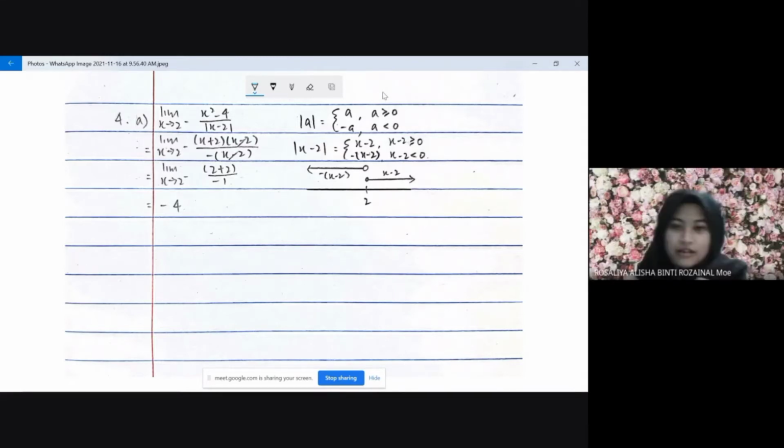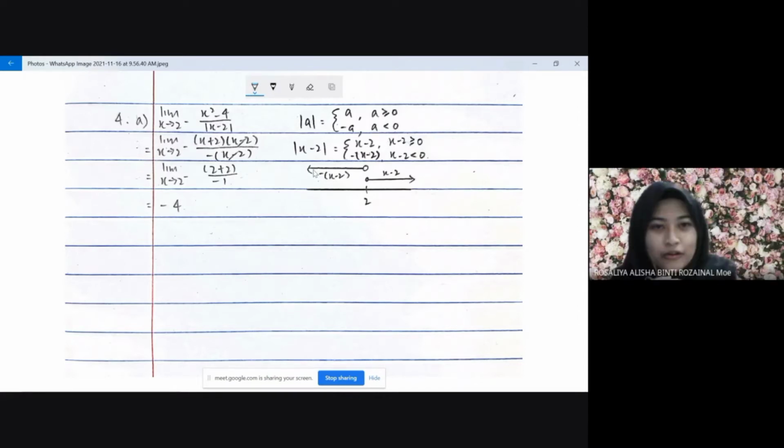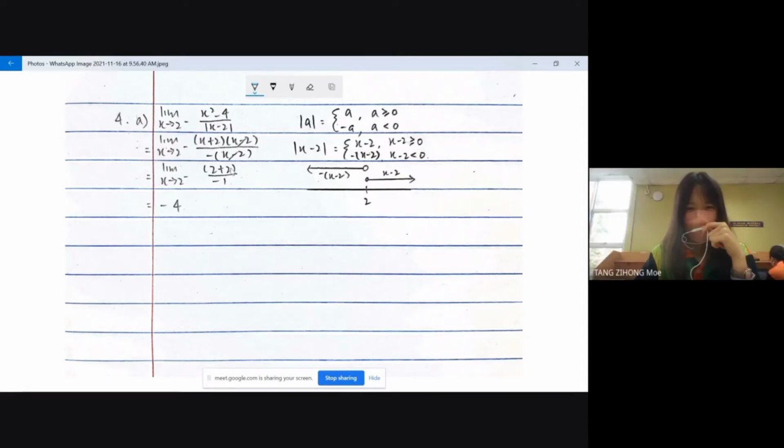I want to ask, why, instead of x minus 2 with x minus 2 bigger or equal to 0, do we use the one that has the negative sign in front? Oh, you mean here, right? This is because the question asks us when x approaches 2 from the left side.